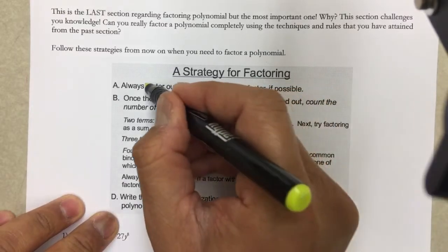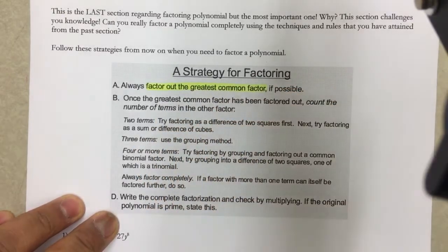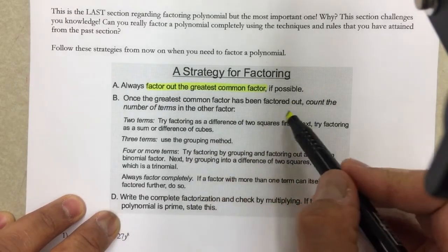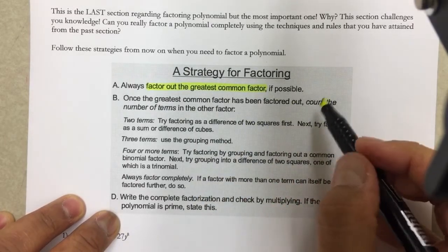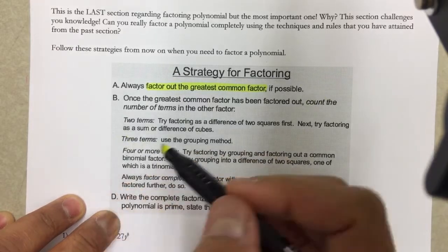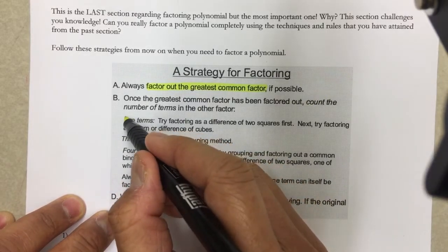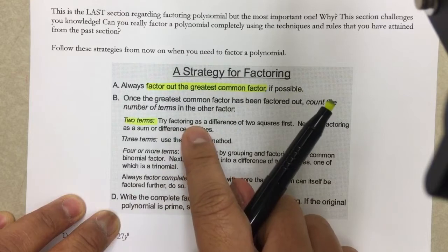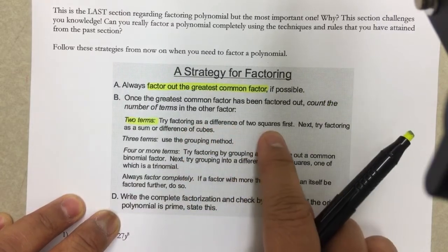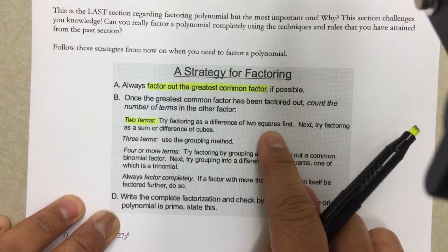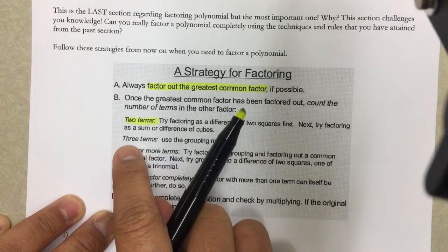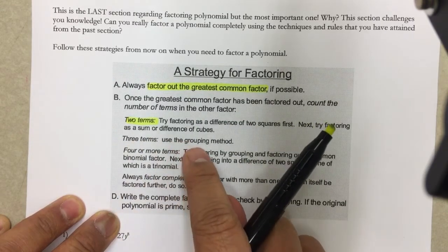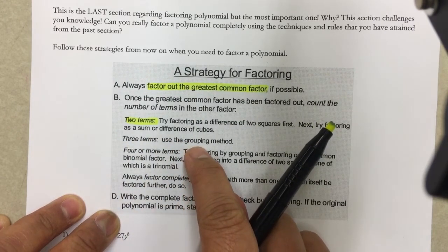The first step is to try to look for the greatest common factor and pull that out. Once the greatest common factor has been factored out, then if you see 2 terms inside the parentheses, try factoring as a difference of 2 squares. If you see 3 terms, maybe use grouping or use the Xbox method.